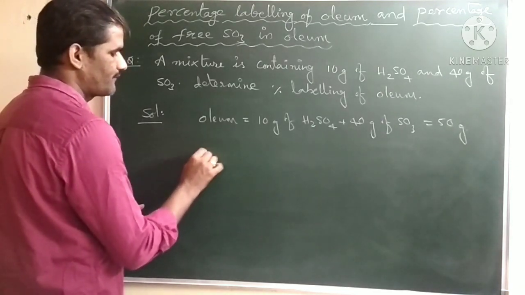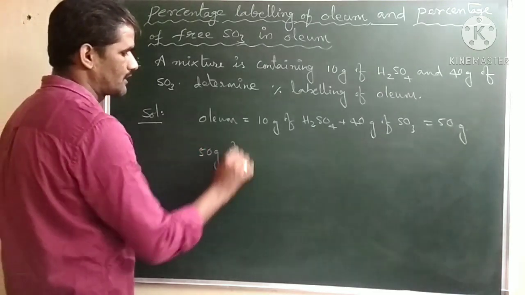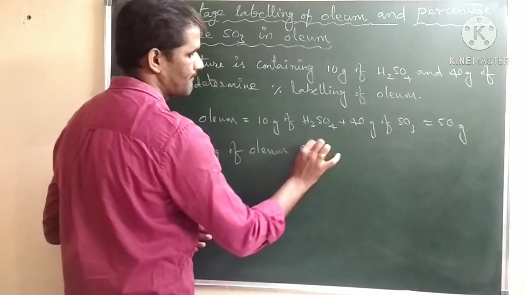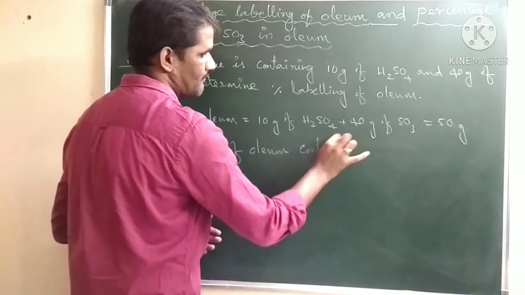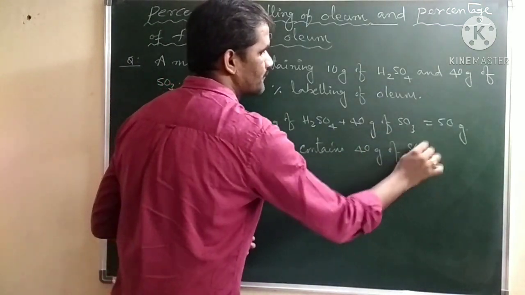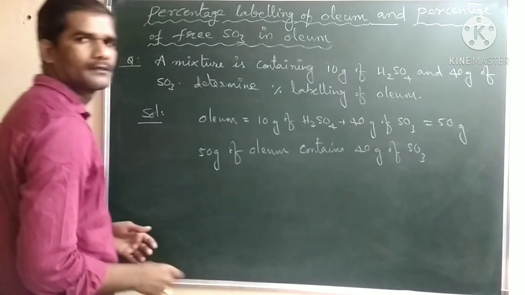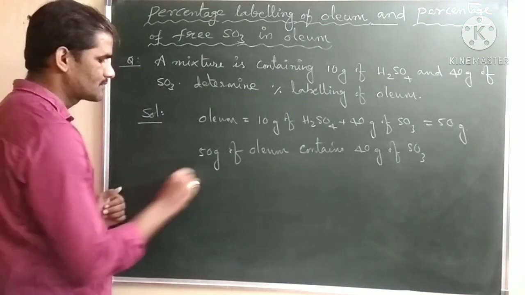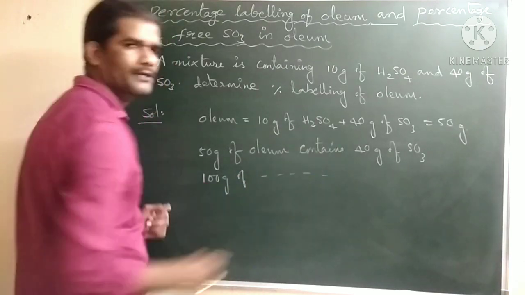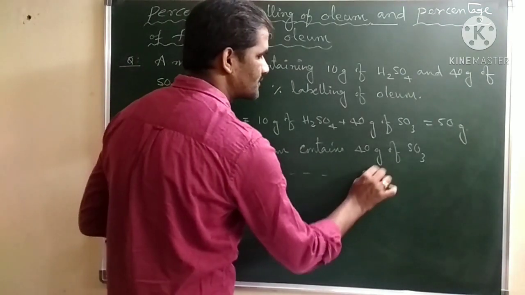So 50 grams of oleum contains 40 grams of SO3. Then we have to calculate for 100 grams. So 100 grams of oleum contains 80 grams of SO3.